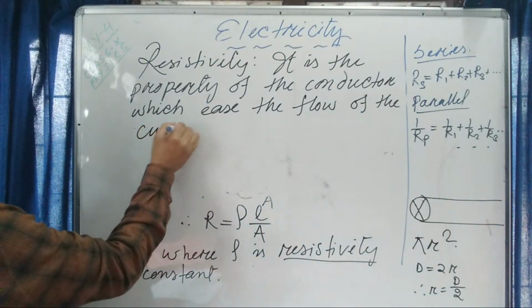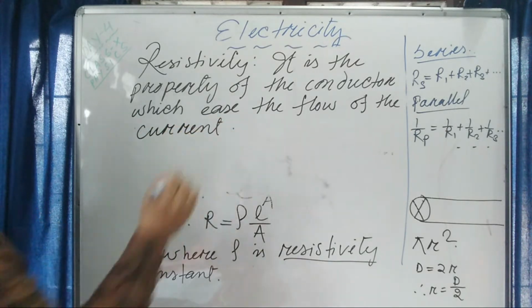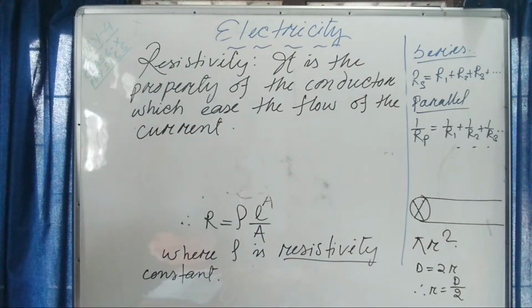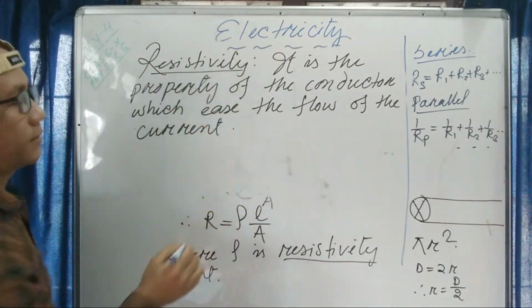This is the property of the conductor, which is the flow of the current. Simply, it is called the resistivity.